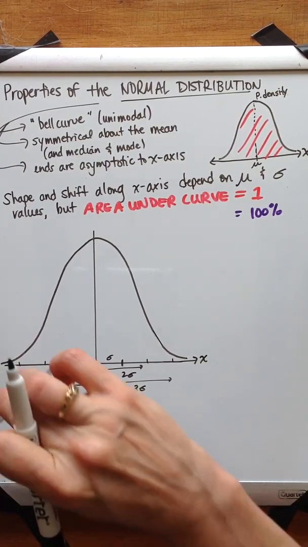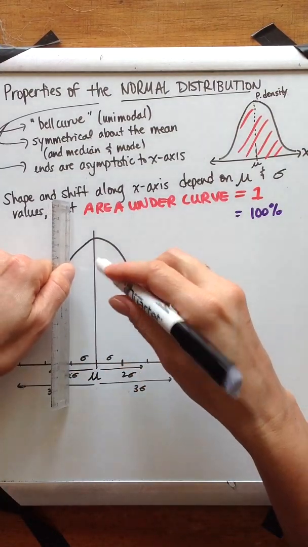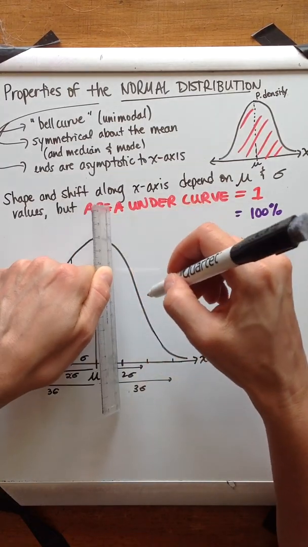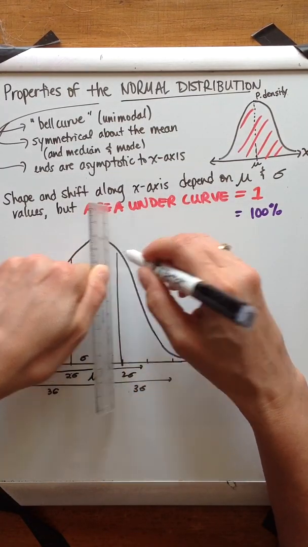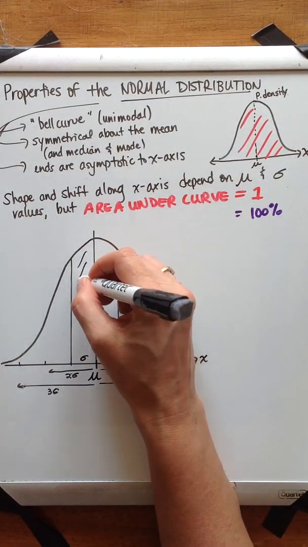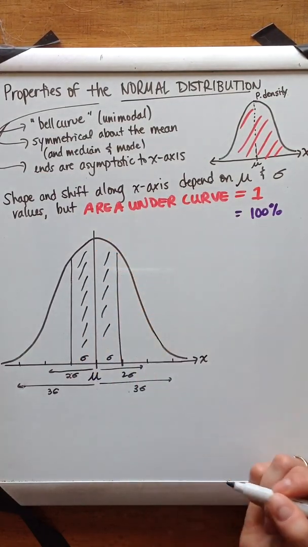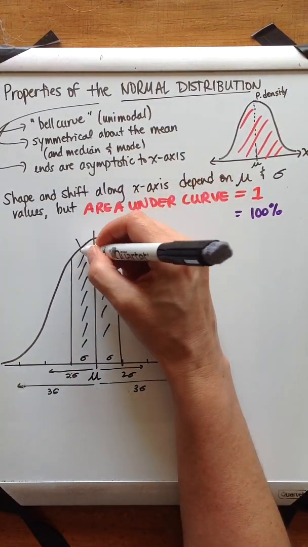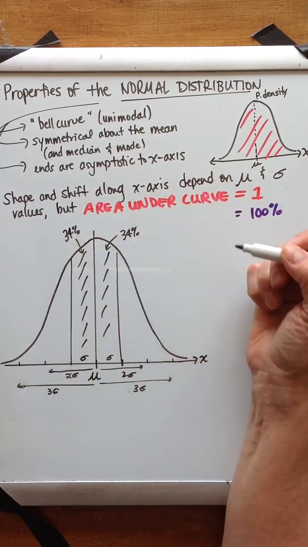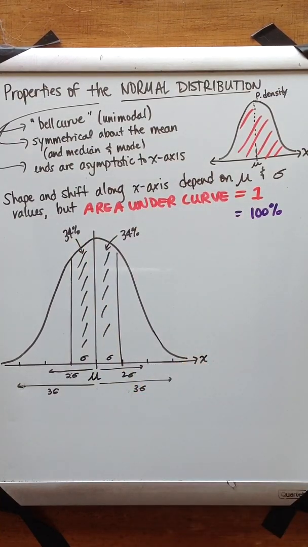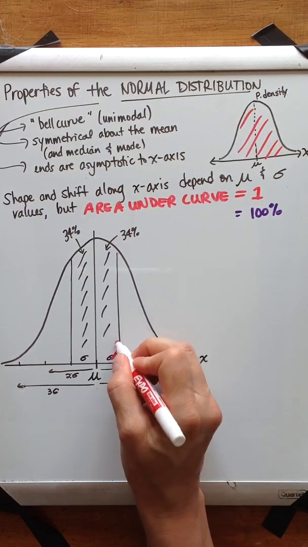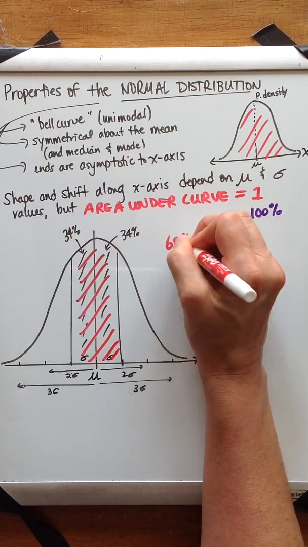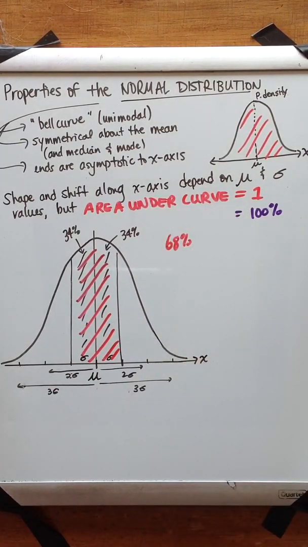If I draw in lines for those particular values of being 1 standard deviation away in either direction, each one of these sections in here represents 34% of all of the data points. So collectively, if we look at them as an entire area, they represent 68% of all data points, just within that particular range under the curve.